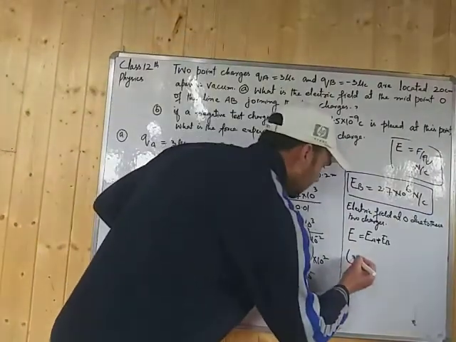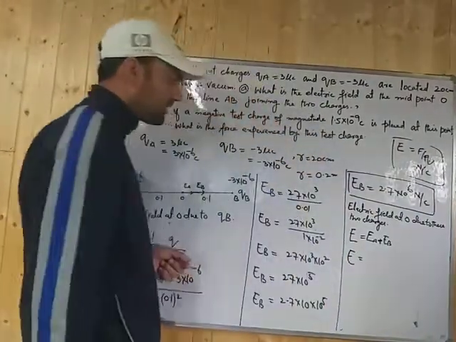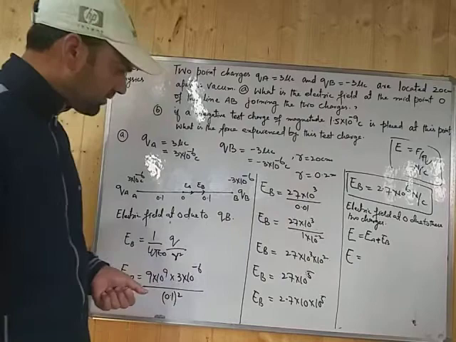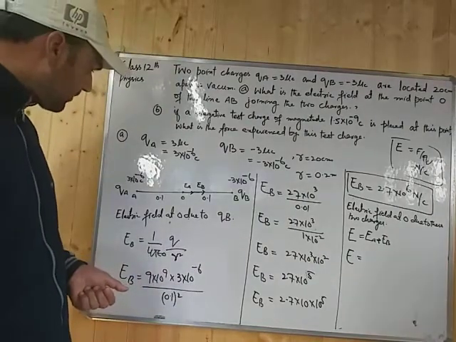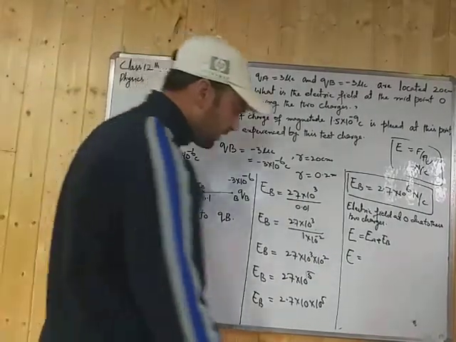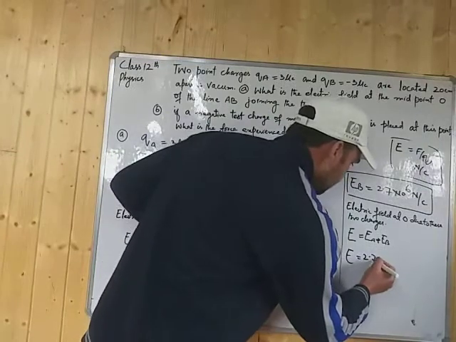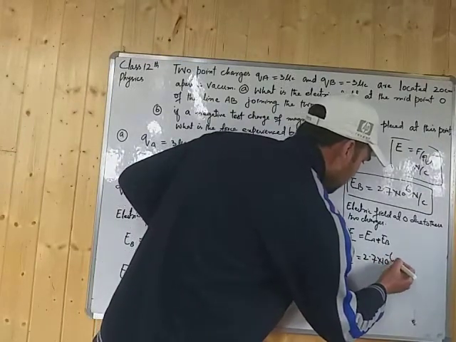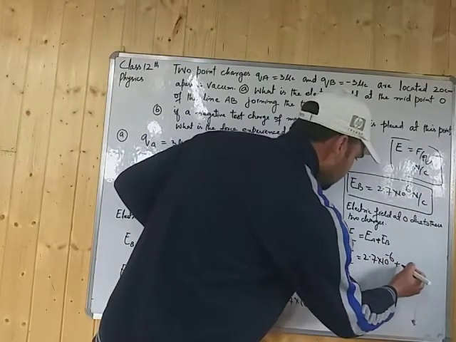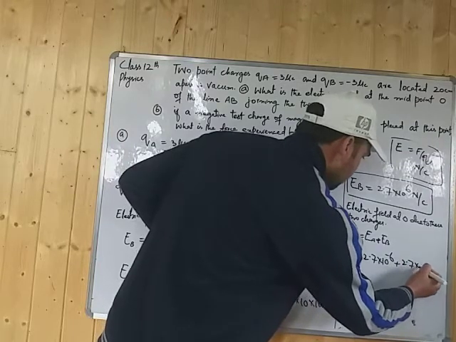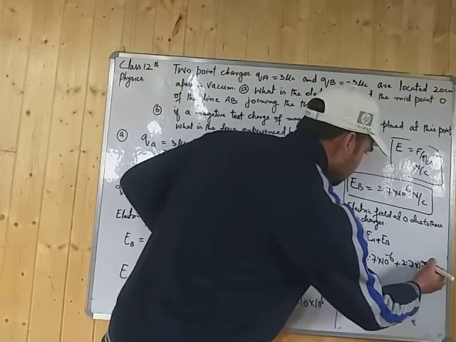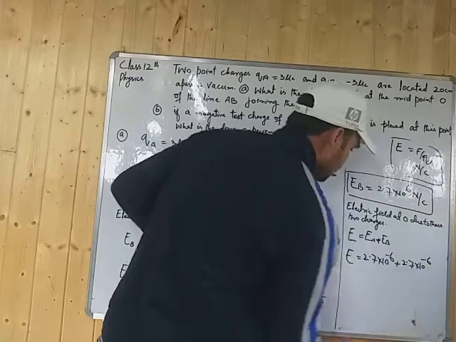So E is equal to EA. We have already calculated EA, that was 2.7 into 10 raised to power minus 6 coulombs, plus EB, that's also 2.7 into 10 raised to power minus 6 coulombs.